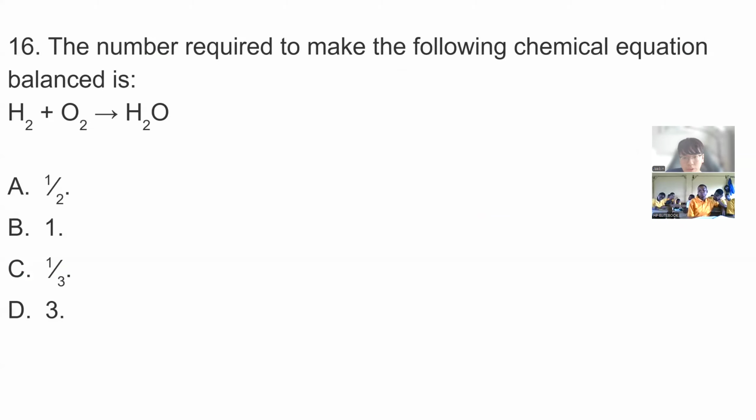Let's try question 16. The number required to make the following chemical equation balance, this is about balancing chemical equations. Let's actually do questions on balancing equations and we can see from that.